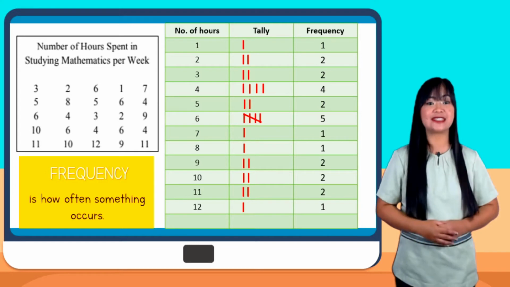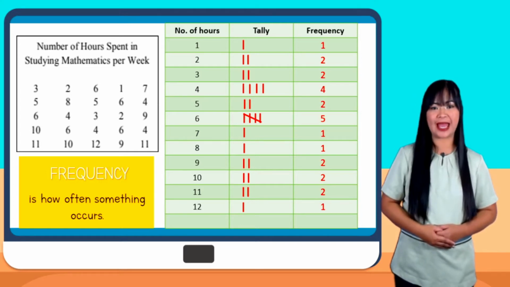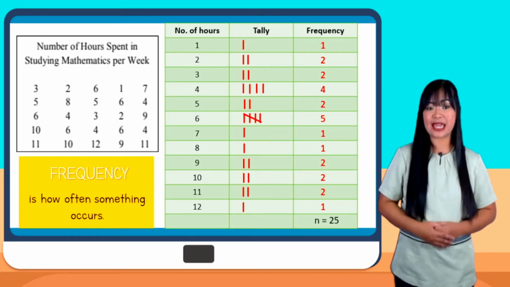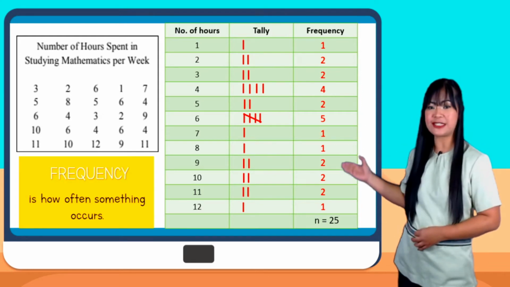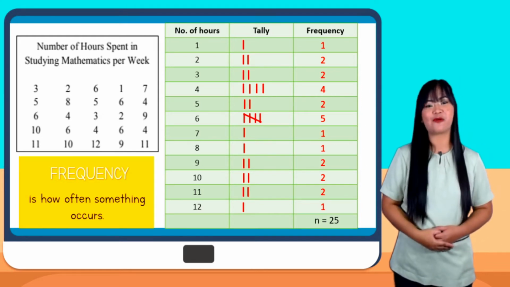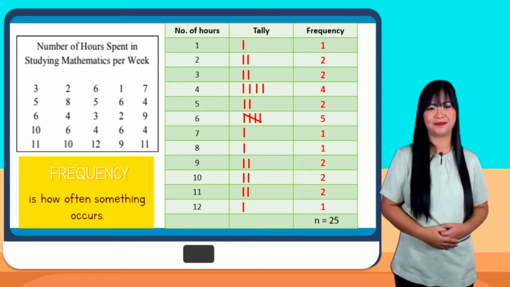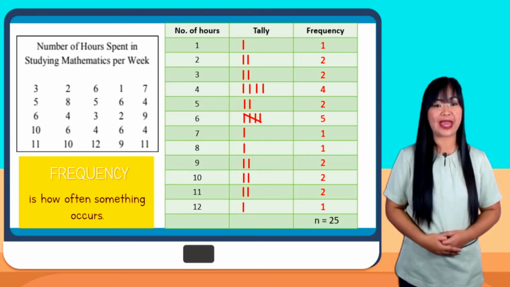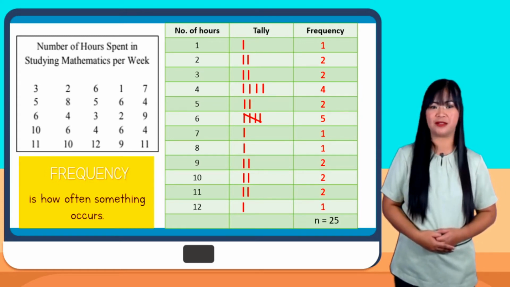N represents the total number of raw data that we collected and is equal to the sum of the frequencies. Therefore, N equals 25. And that is how we make a frequency distribution table.